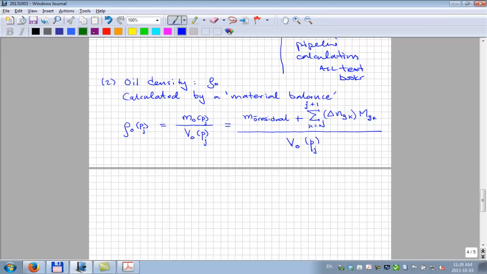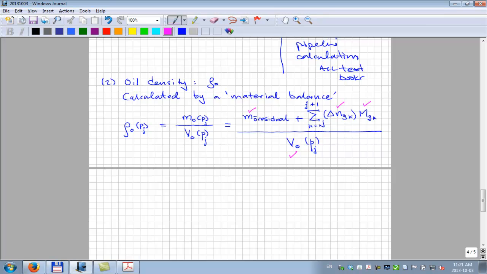So basically, they're measuring this by knowing the oil volume and its density. They measure the gas moles removed each time. They measure the molecular weight of each gas removed, and they're measuring the oil volume at each stage.